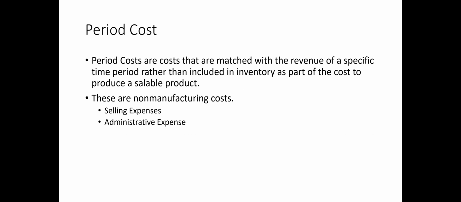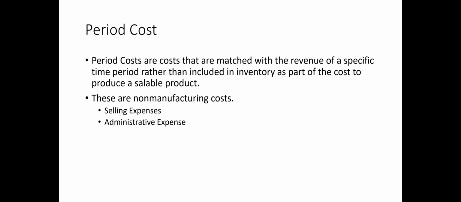To summarize this, then we have period costs. Without going through the definition, you may pause and read it, but let's say these are the costs we need for selling expenses, like sales and marketing. Without marketing, we cannot sell the product.